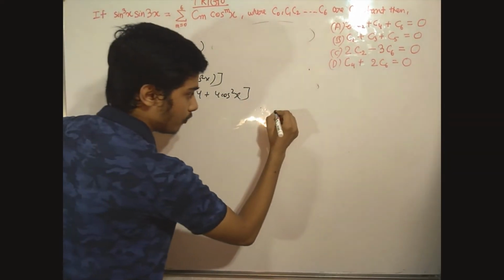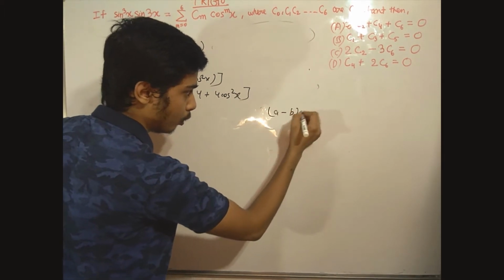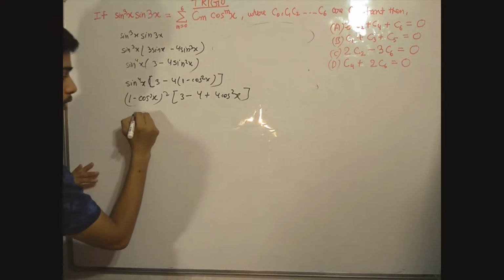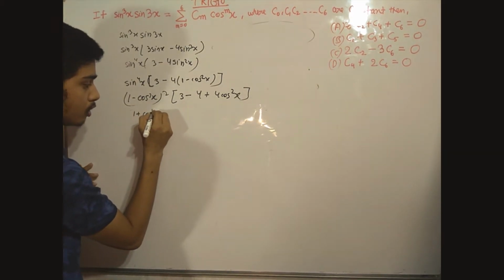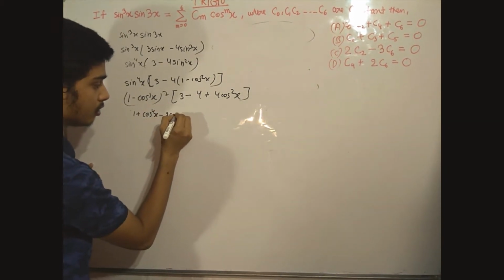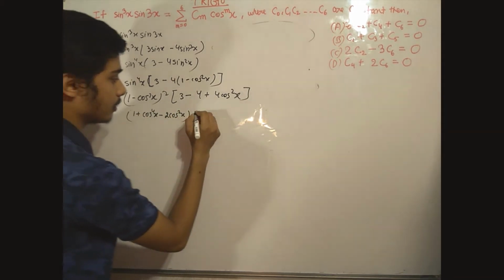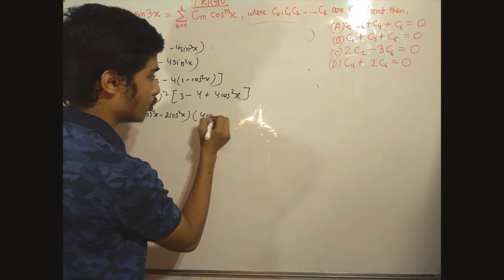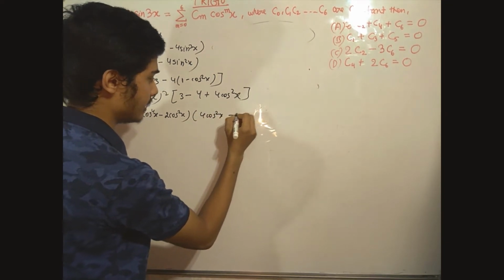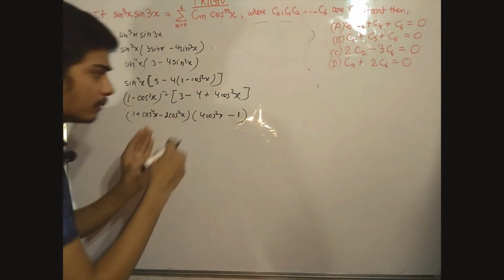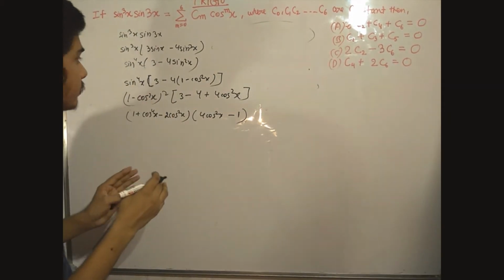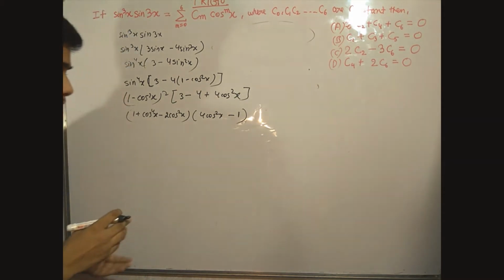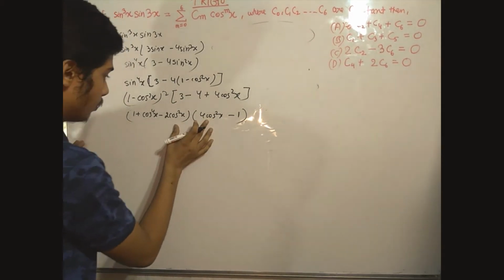Applying the formula of 1 minus b whole square, we'll apply this formula here. 1 plus cos 4x minus 2 cos square x. After solving this, we'll get 4 cos square x minus 1. Now we will multiply. It's a very easy question, easy steps, easy formula we have to apply. Now we'll multiply both the terms.